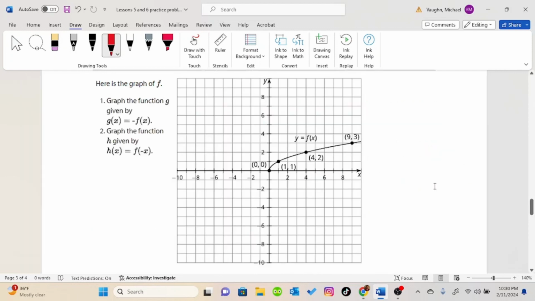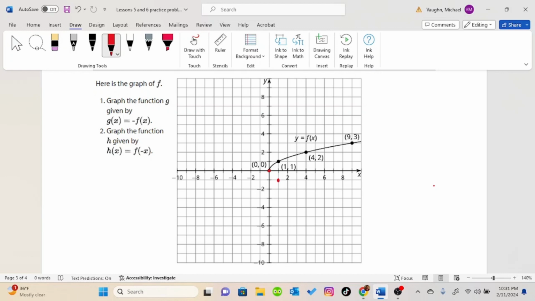Here is the graph of f. Number 1, graph the function g given by g of x equals negative f of x. So in this one, the negative is outside the parentheses, so we're making the y value negative. So we're still going to have a point at the origin. This positive 1 becomes a negative 1.